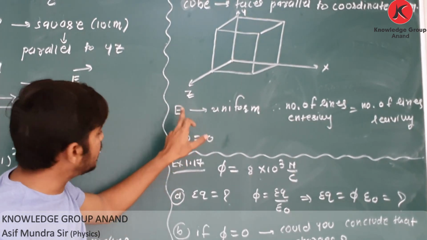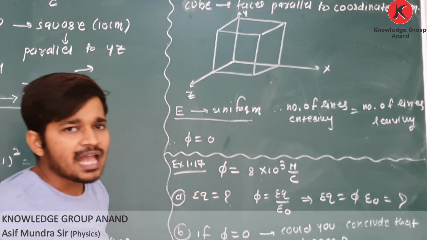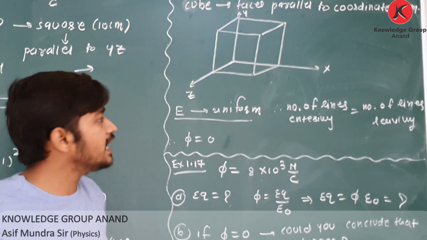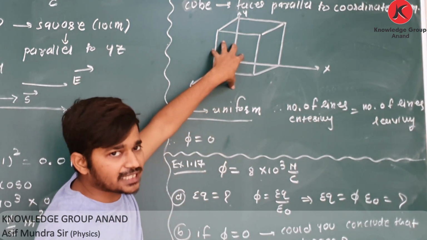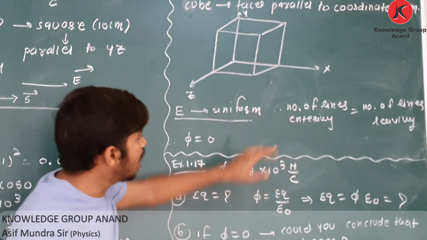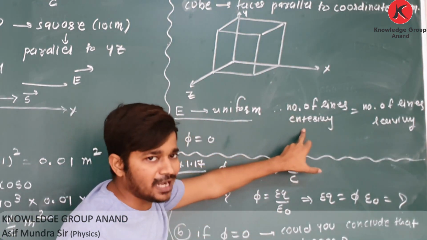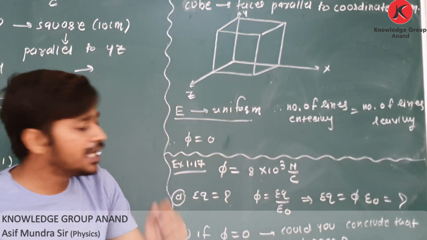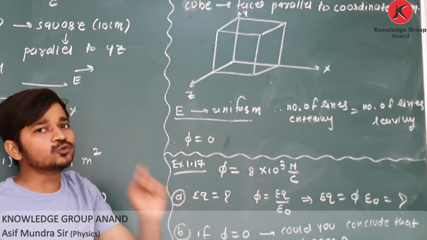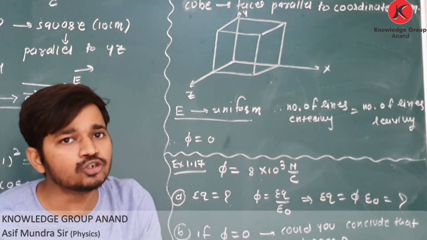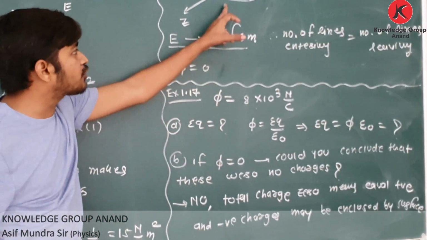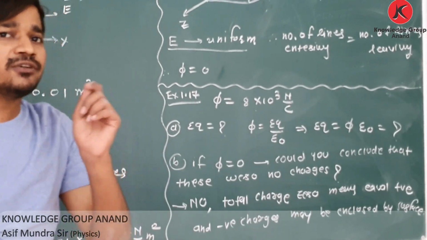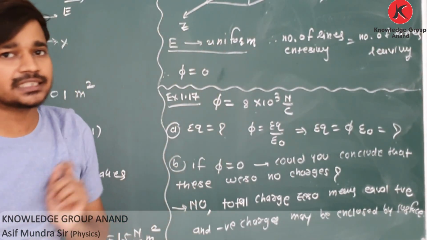As the electric field is uniform, as we discussed in example 1.11 for symmetrical objects, the number of electric field lines entering is equal to the number of electric field lines leaving. It means the total flux is equal to 0. So whenever you are given a symmetrical object and the electric field is uniform, the total flux passing through the cube is 0.